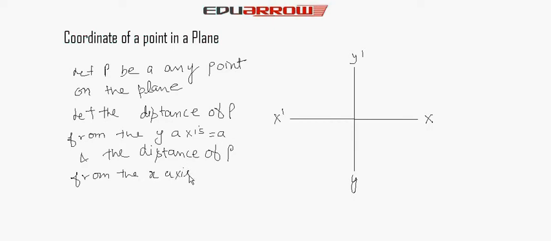So now we show the point P, which is A and B. Show this point on the plane.